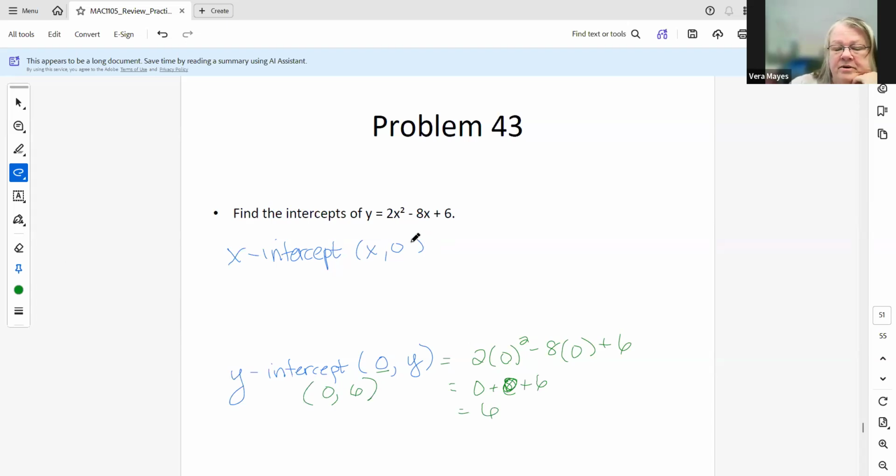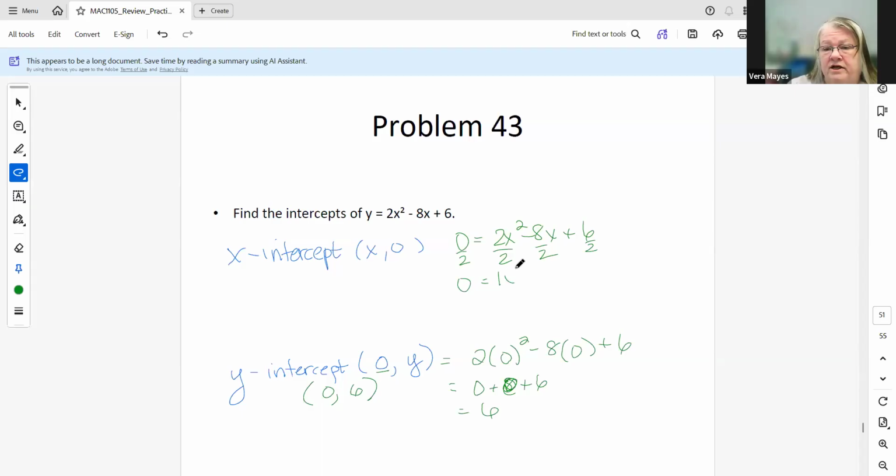Okay, now let's go back up here. This is where we're letting the y value be 0. So that means this y value becomes a 0. This is the one where you've got to figure out your tools, see what you can do. Now, I do see that everybody is even, so I'm going to divide everybody on both sides by 2, just to make my numbers a little bit smaller.